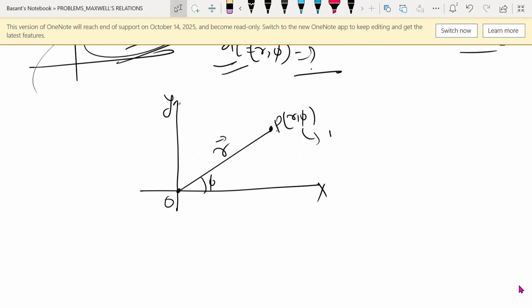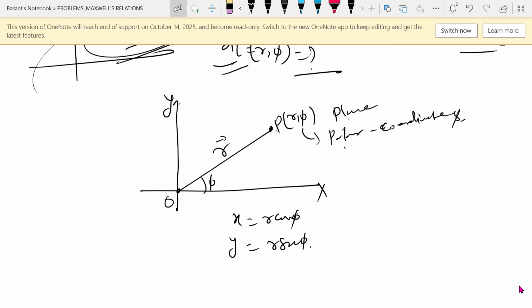You call this plane polar coordinates. Now, since x component is equal to r cos phi and y component is r sin phi, but I have to represent d tau.